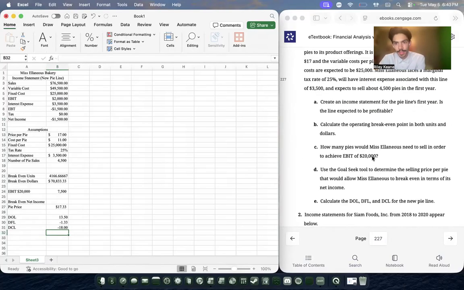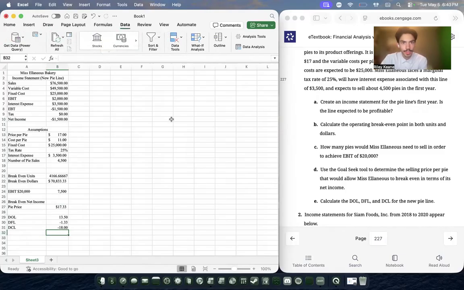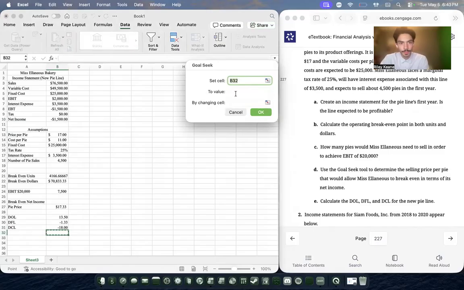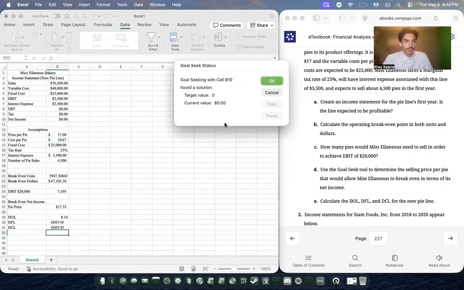So that is all the problem is asking for, but out of the desire to show off more of or use Goal Seek a little bit more just to show its capabilities, I'm going to change the cost per pie, see how much we need to reduce that by.